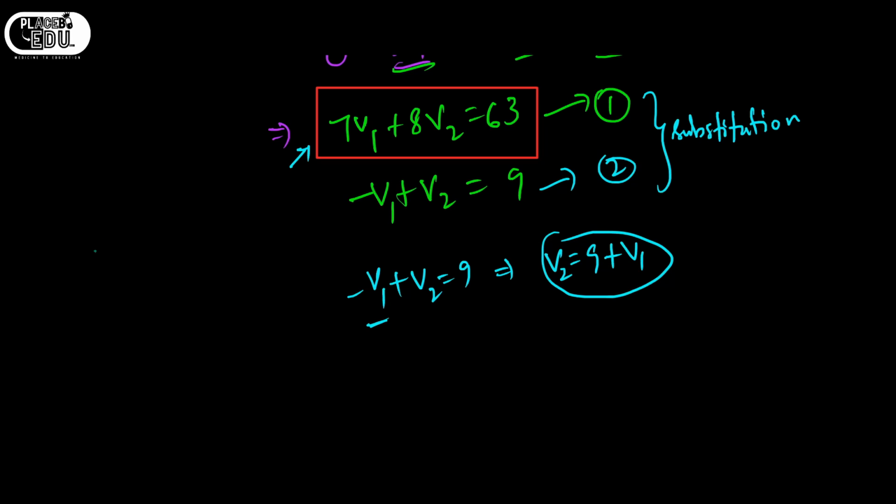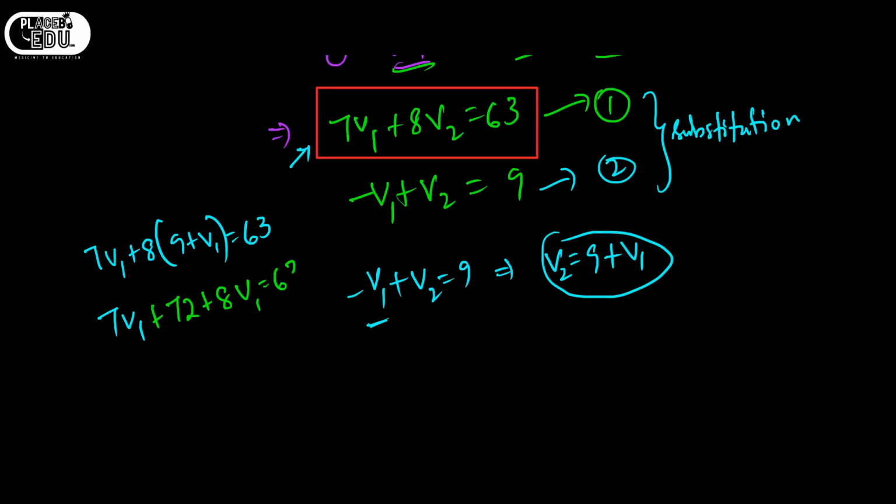So I will get 7V1 plus 8 into (9 plus V1) is equal to 63. 7V1 plus, 9 8s are 72, plus 8V1 is equal to 63. 7 plus 8 is 15V1, and here 63 minus 9.